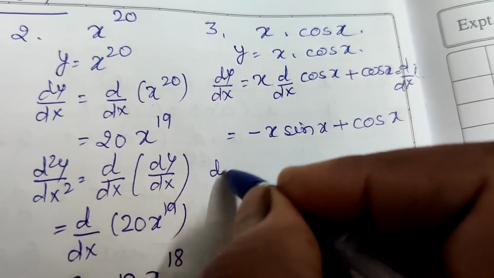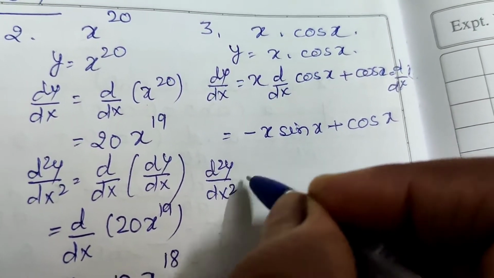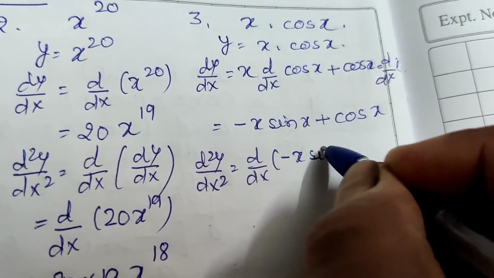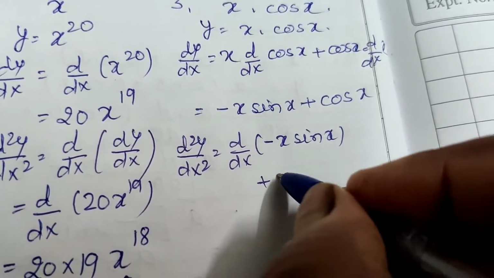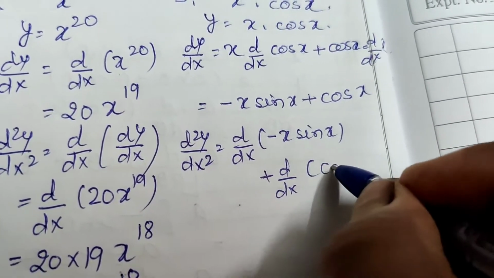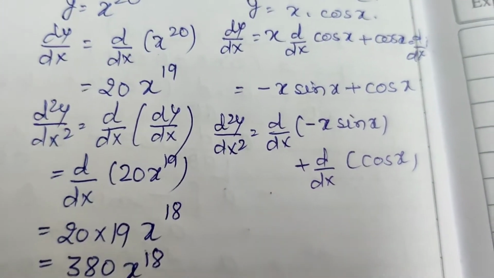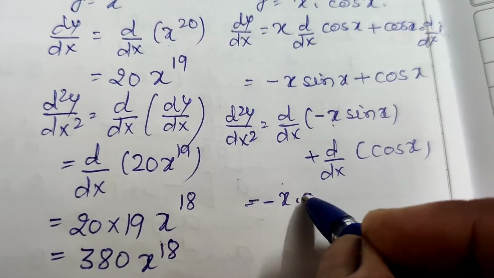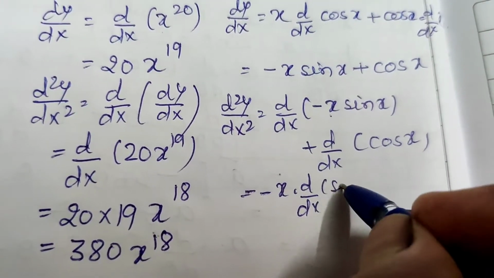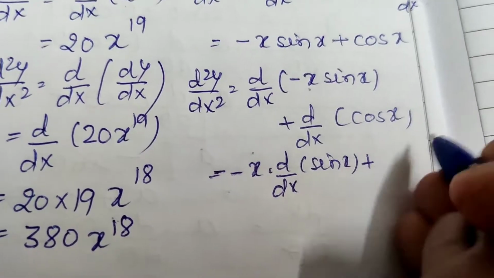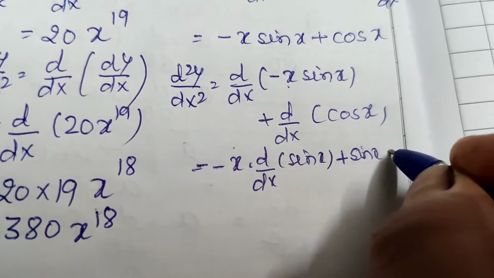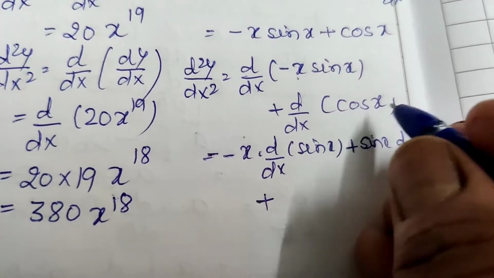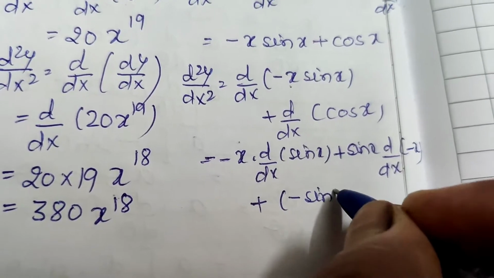Again, d2y over dx square, second time. It means d over dx of minus x sin x plus d over dx of cos x. In the same way, the first function times differentiation of the second, sin x, plus sin x times differentiation of minus x, plus differentiate cos x, which equals minus sin x.